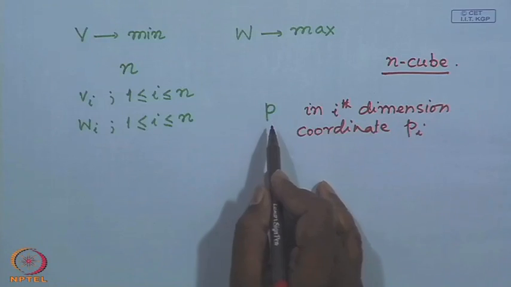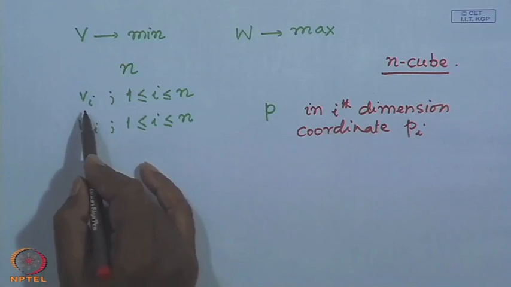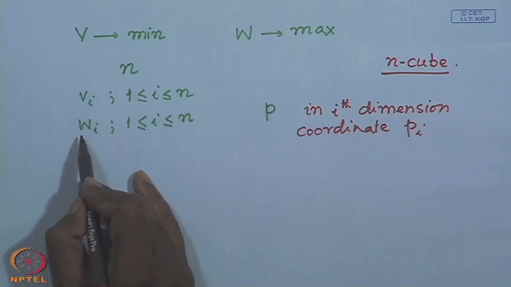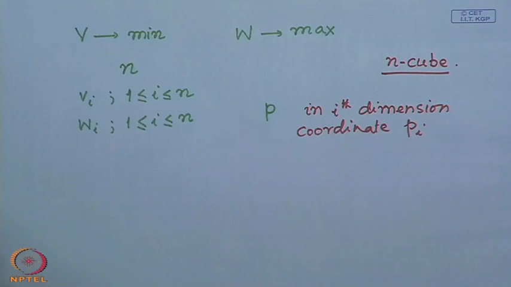So, P is an n dimensional vector, as V and W are each n dimensional vectors.